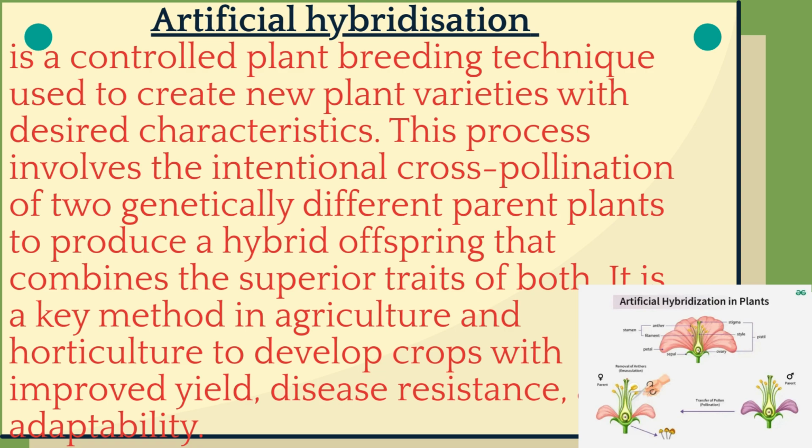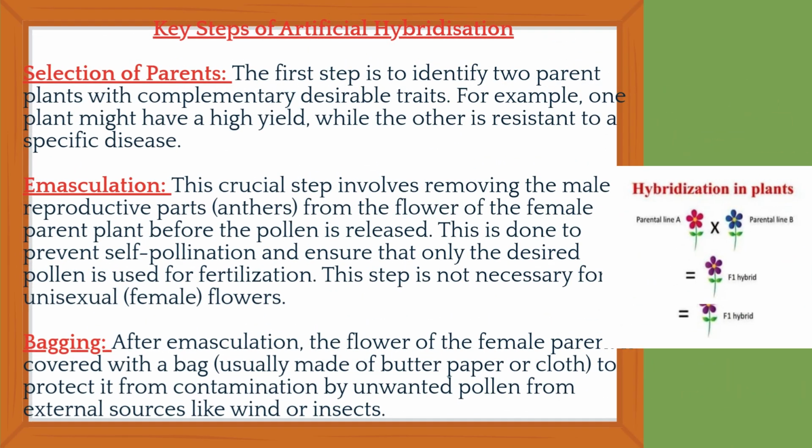So that's why human beings, farmers or scientists, perform this process. They control the conditions in lab grown crops. Key steps of artificial hybridization. Now here we'll see the whole process of hybridization.